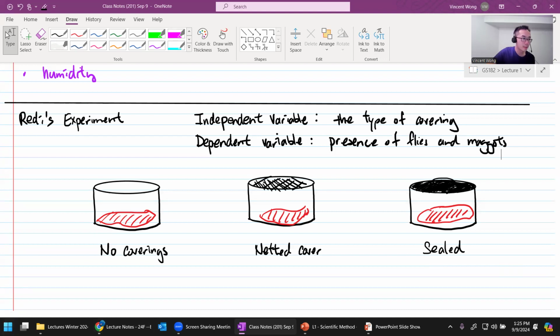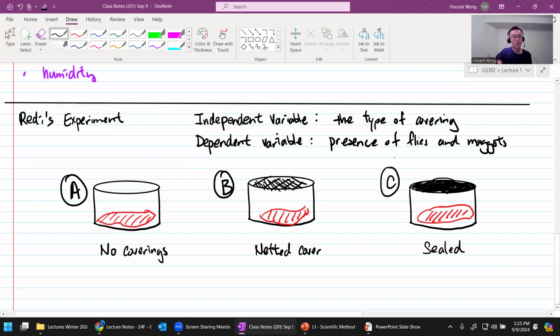All right, I'm going to do another poll with you, but hold on, I have to give you the question. This is A, this is B, and this is C. Which one is the control in this setup? Remember, in every experiment, you need to have a control to act as a reference to compare with.